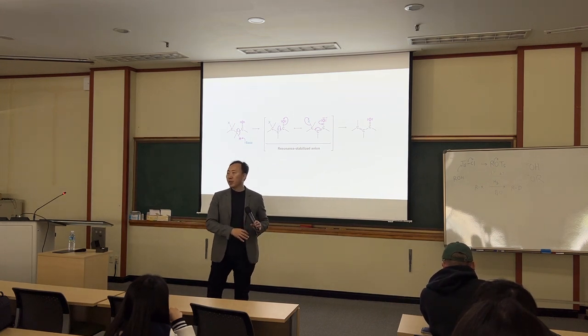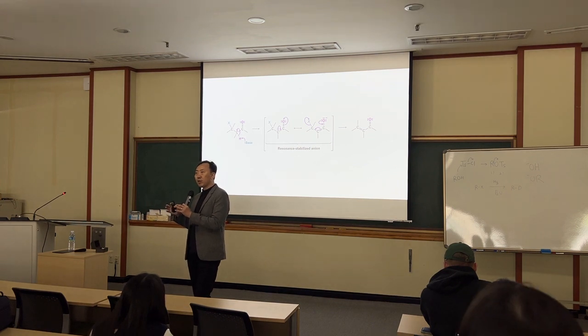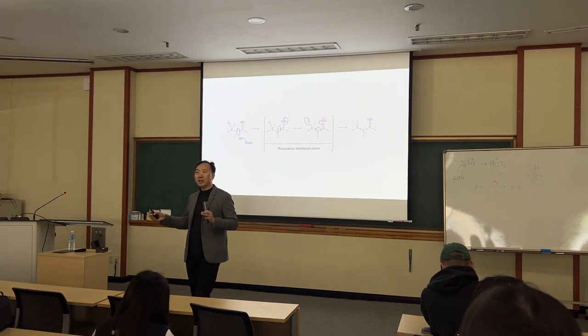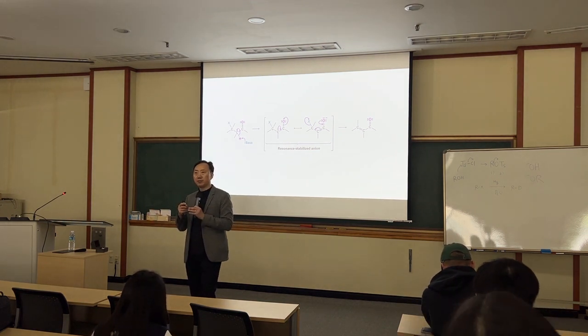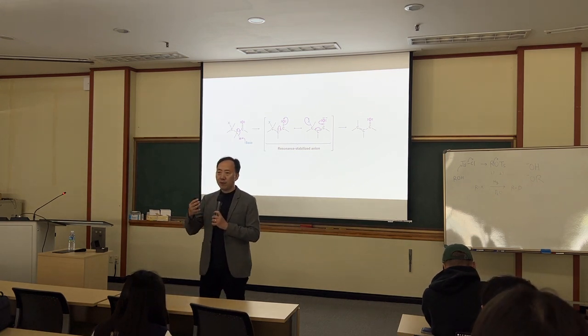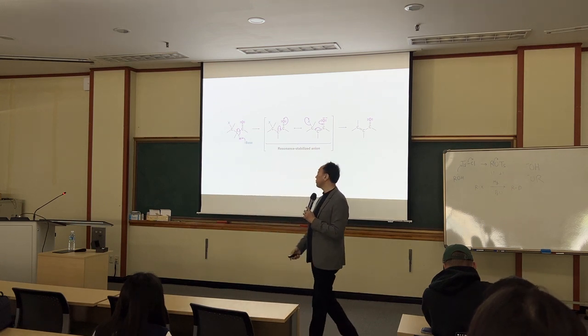To push the reaction to E2, you may use a strong base, because for the E1 reaction, it doesn't matter whether it's a strong base or not. Water is enough because the carbocation is so reactive, even a very weak nucleophile can still finish the reaction. Those are the summary of these four very basic but very fundamental organic reactions.